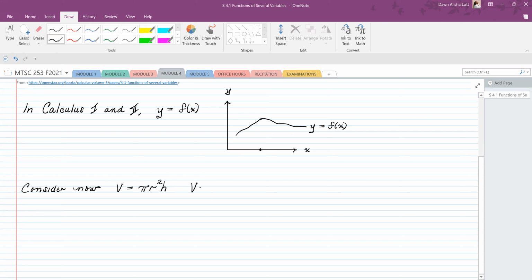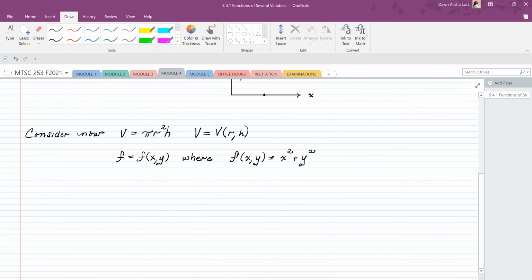So here v is some function of r and h. Or I might consider f to be a function of x and y, where f of xy looks like x squared plus y squared. Okay, so now we have functions of more than one variable.